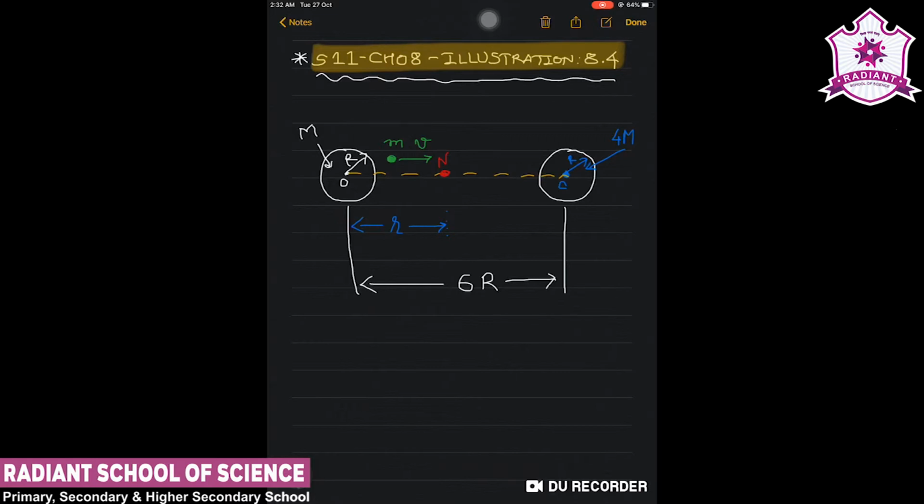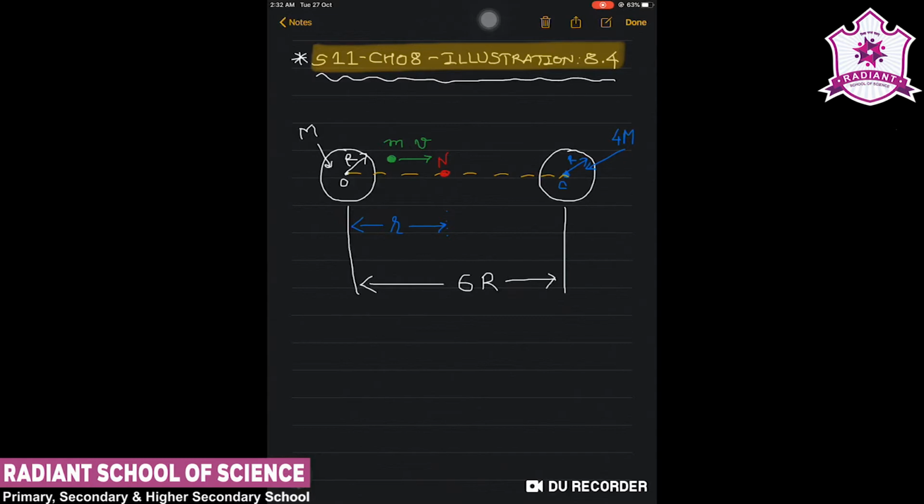Now the two spheres are held fixed. A projectile of mass small m is projected from the surface of the sphere of mass M directly towards the center of the second sphere. Now obtain an expression for the minimum speed v of the projectile so that it reaches the surface of the second sphere.